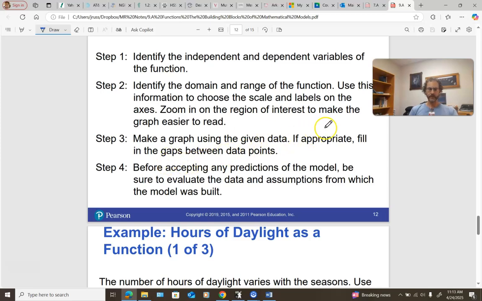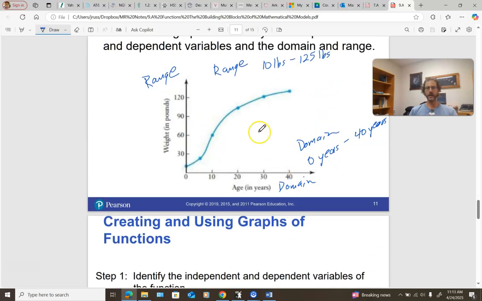And it says, if appropriate, fill in the gaps between the data points with a smooth curve. And then you can use that curve or the graph of that function to make predictions. Okay, so for example, in the context of this problem, if let's say out here is 50 years, if this curve were to follow its natural trajectory, well, maybe it is still increasing, but it's not increasing very much.